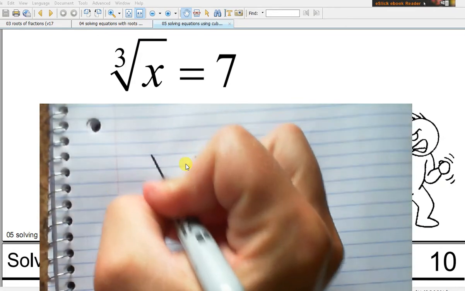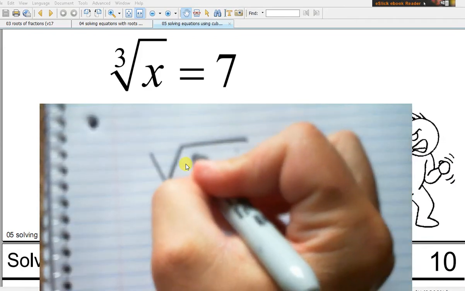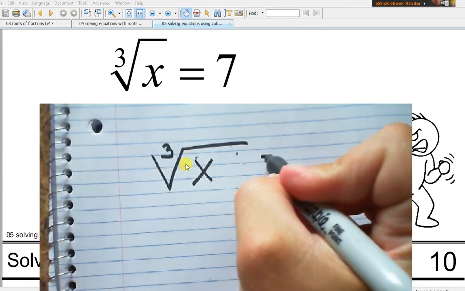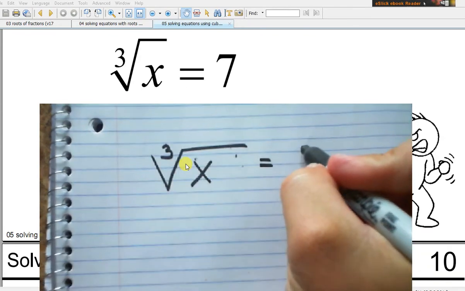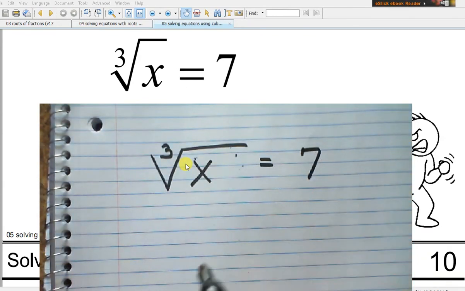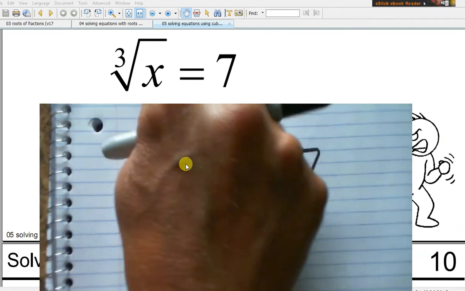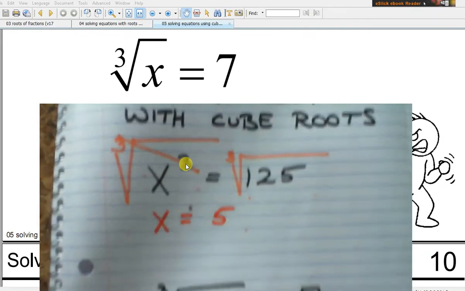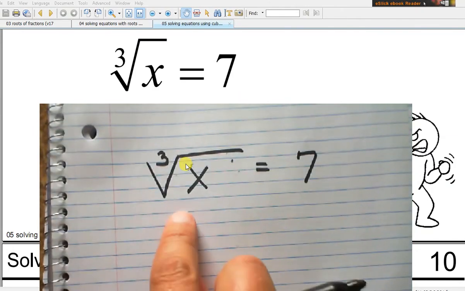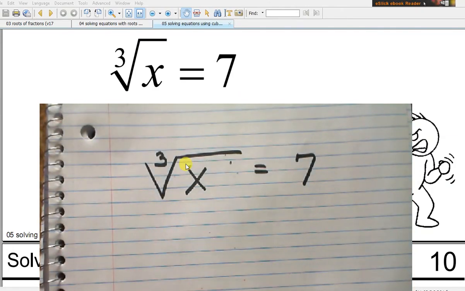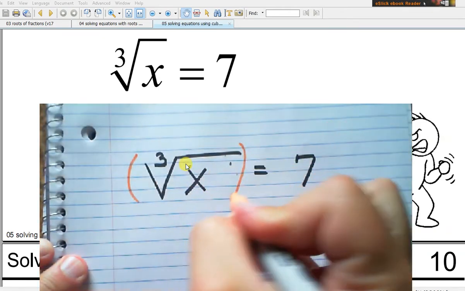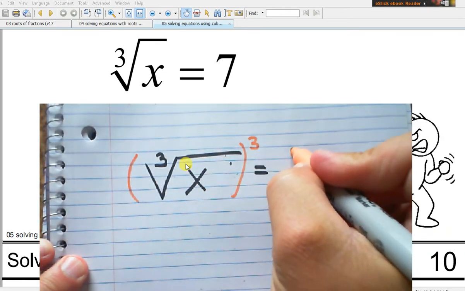The cube root of x equals 7. To fight a cube, I use a cube root. To fight a cube root, I use a cube. So I'm going to cube both sides of this.